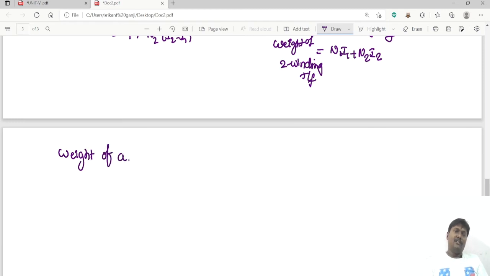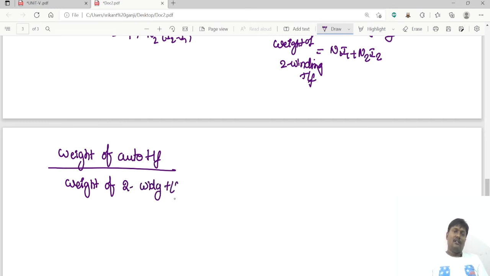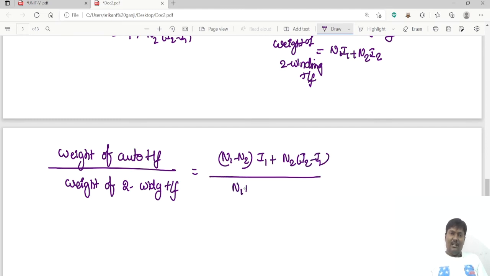Now we will define the ratio of the weight of the auto transformer to that of the two winding transformer. Weight of auto transformer divided by weight of two winding transformer is equal to (N1 minus N2) into I1 plus N2 into (I2 minus I1) divided by N1 I1 plus N2 I2.